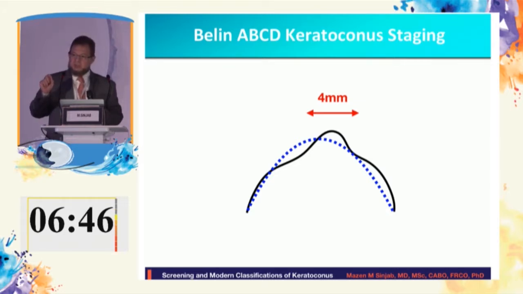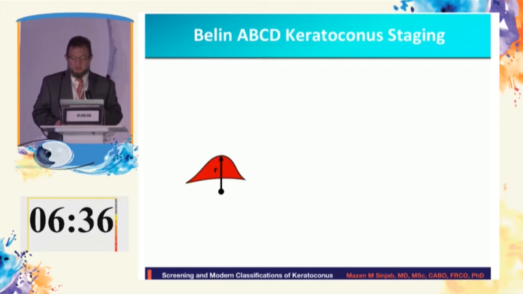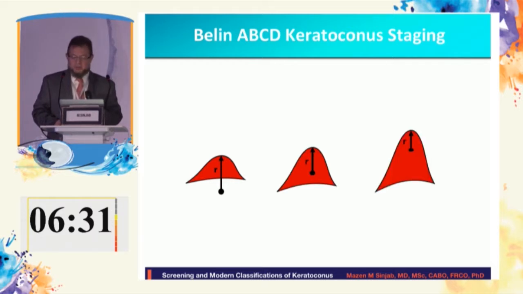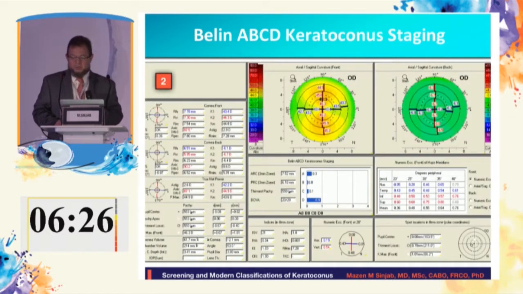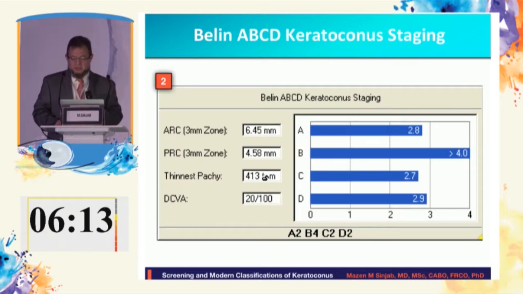This staging studies the radius of curvature of this part, and then based on the radius of curvature, as you know, the steeper the area, the smaller the radius of curvature. Based on that, the ABCD system of Bellin will classify the case or stage the case into 1, 2, 3, or 4. This is a normal cornea, and this is a cornea with keratoconus.